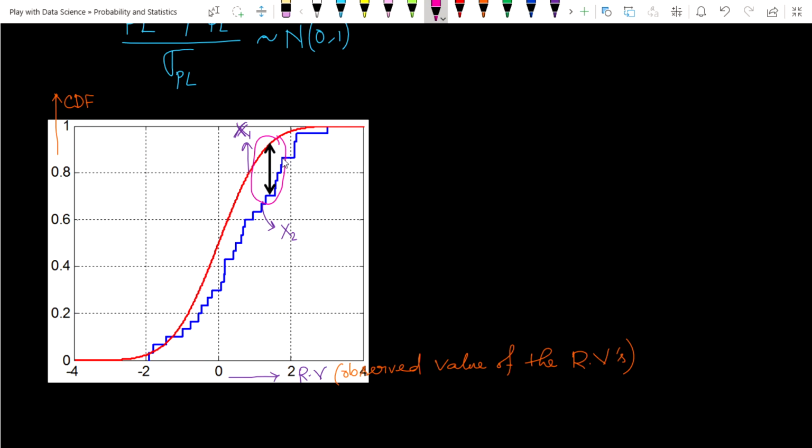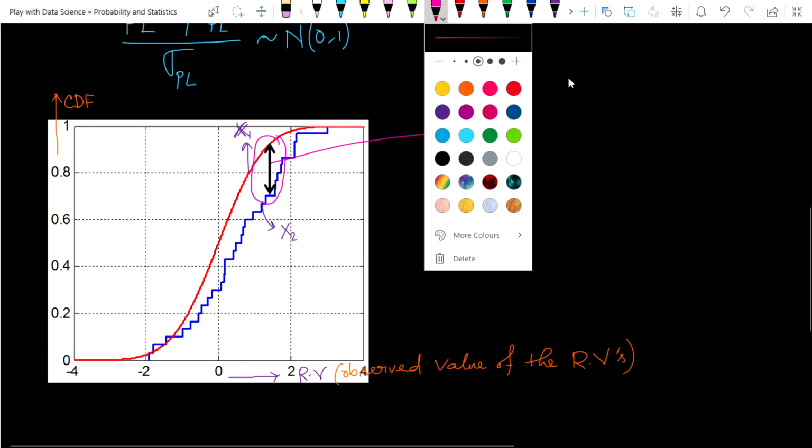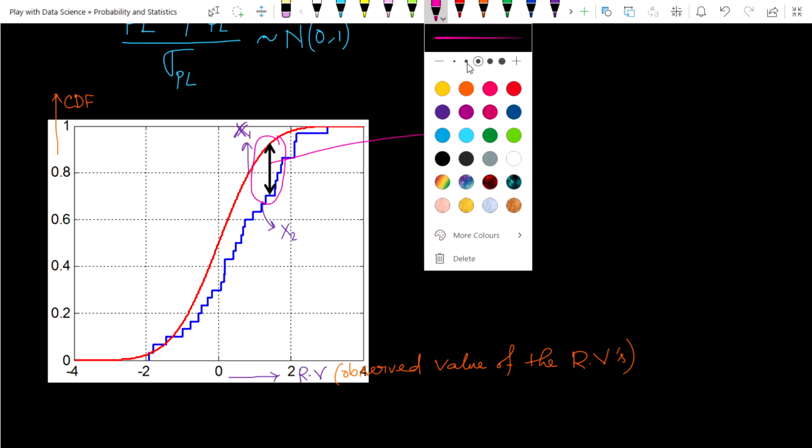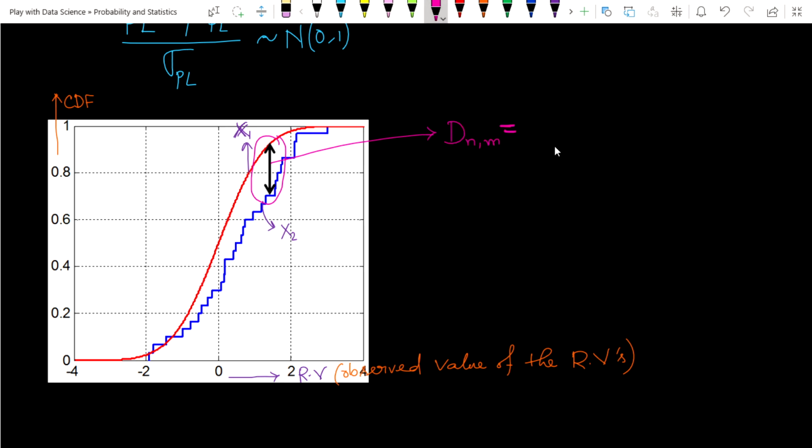Now let's try to understand how we write this in mathematics. This is the maximum distance. Let's denote this distance by Dn,m.